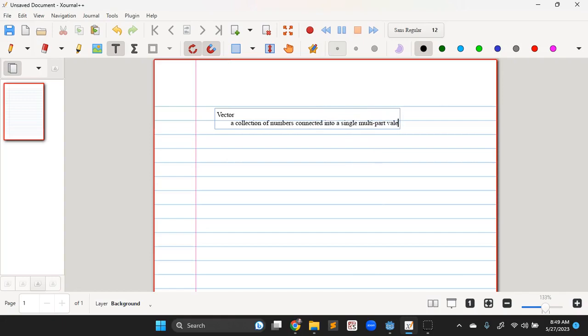That sounds kind of fancy, and this is very simplified from the technical math definition, which if you're very serious about game development, you're eventually going to want to take some linear algebra courses and learn about all those technical things in detail so that you know what to do because it's also important for computers in general, but we can bypass and simplify it because of simplifications worked into our programming languages. So a collection of numbers that are connected into a single-part value.